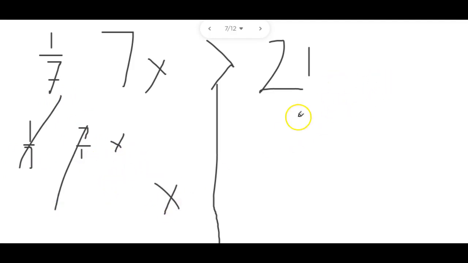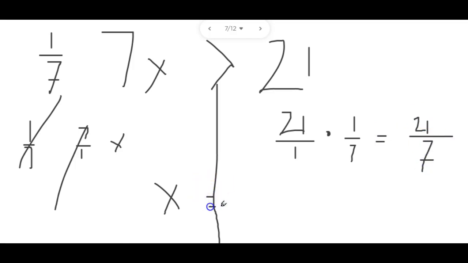Over here, you have 21 over 1 times 1 over 7, which gives you 21 over 7, or 21 divided by 7, therefore giving you an answer of x is greater than 3. Guys, this is simple stuff. Same thing that we did yesterday.